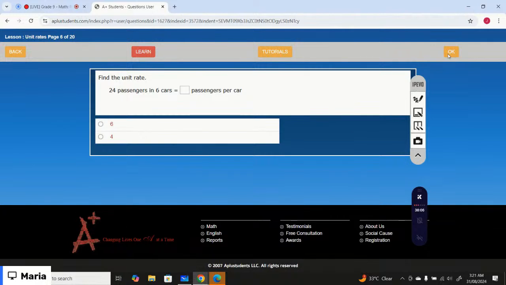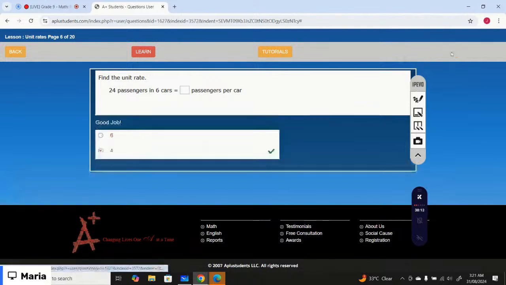Yes, that is 4. 6 times 4 is 24, so 4 it is. Option number 2 is the correct option.